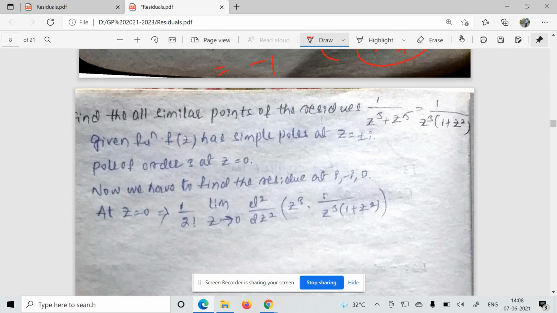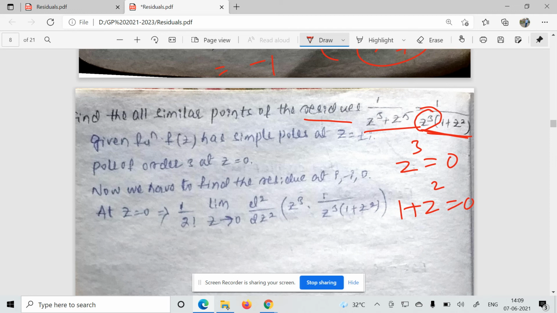Find all the singular points and the residues of 1 by z cube plus z power 5. We can find this by taking z cube common: 1 by z cube into (1 plus z square). Equating the denominator to 0, z cube equal to 0 and 1 plus z square equal to 0.